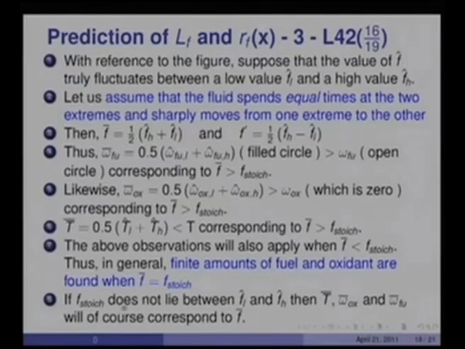So, if f stoic does not lie between f L instantaneous and f H instantaneous, then T bar, omega Fu bar and omega ox bar will of course correspond to f bar values.